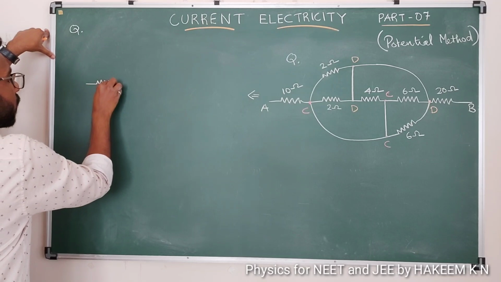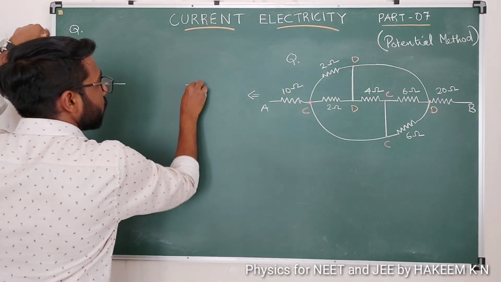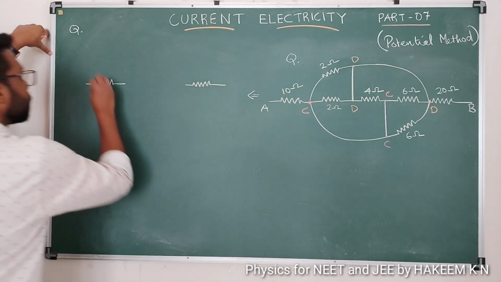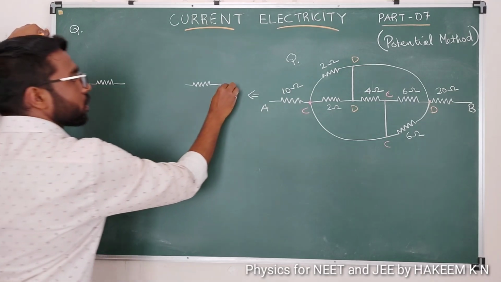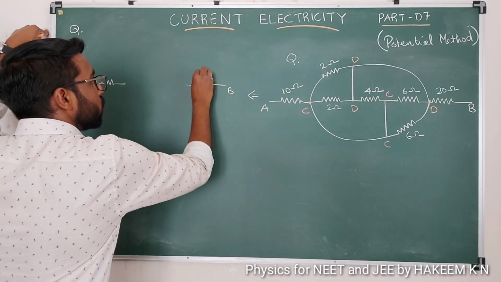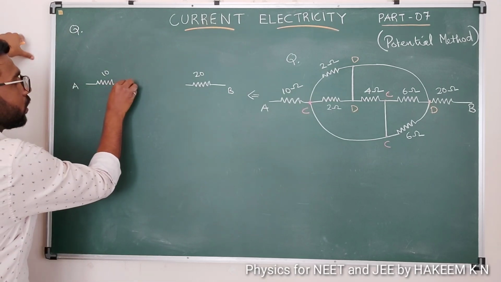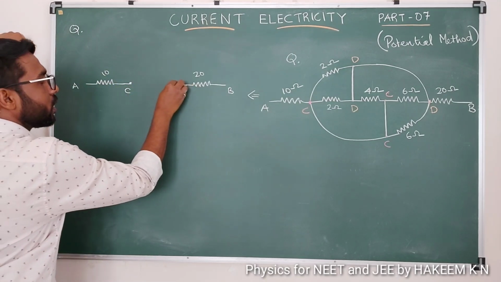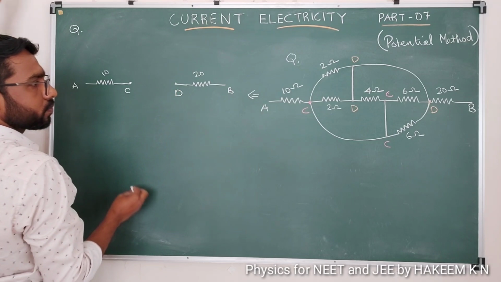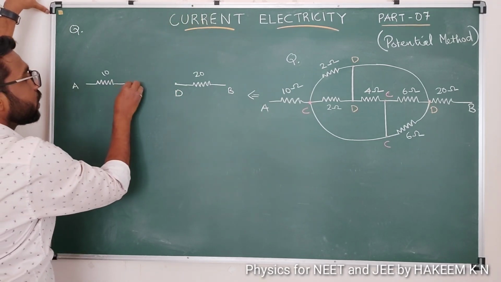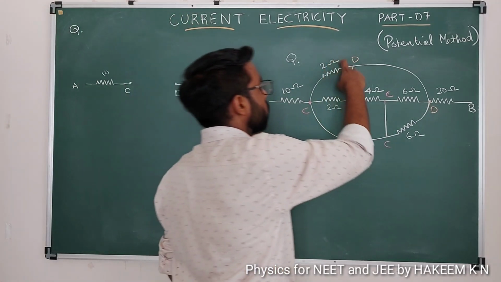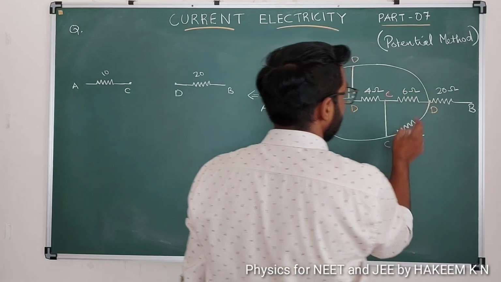First A, and here I am drawing B. A, B, 20 ohm, 10 ohm. And here I am marking C and here I am marking D. Okay, between C and D there are how many resistances? 1, 2, 3, 4, 5.